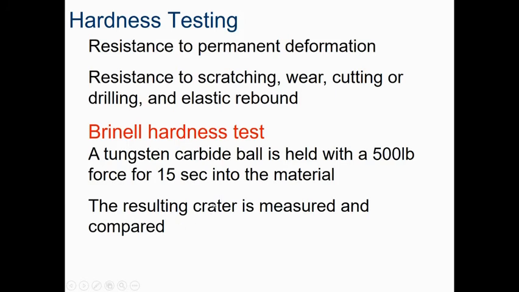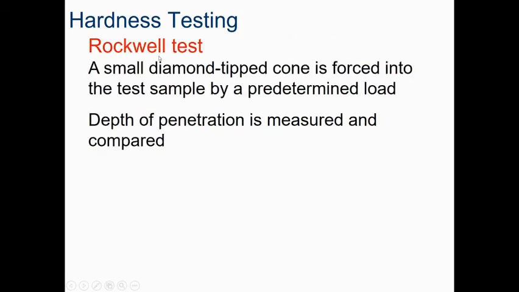There's going to be a standard, a list of sizes, and that's going to allow you to rank the hardness of that material relative to others. And one more is this Rockwell test. Very similar. What they're doing is taking a cone that has a diamond tip on it and pushing it into the surface of the material, and then they're measuring how deep it does actually get into the material, and that's going to determine its hardness.